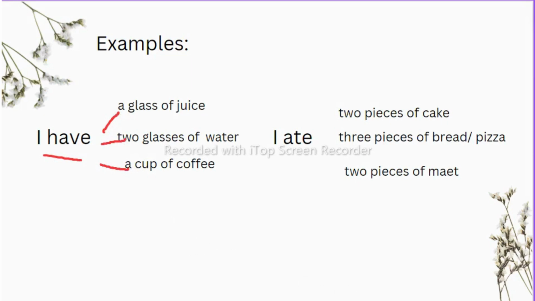As we have learned, for a material noun, if you want to make a common noun, we add an article or numbers to it. Here also we can see: I ate 2 pieces of cake, 3 pieces of bread or pizza, 2 pieces of meat. So uncountable nouns can be made countable by adding some phrases in front of them.